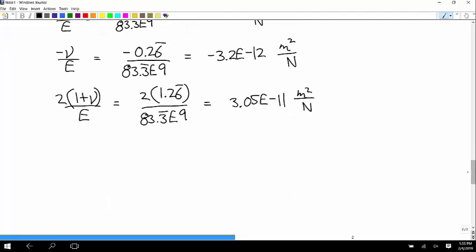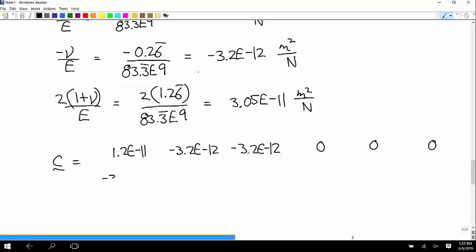Okay, so the compliance matrix finally is 1.2 times 10 to the minus 11, negative 3.2 times 10 to the minus 12, negative 3.2 times 10 to the minus 12, and 3 zeros. And now the next row: negative 3.2 times 10 to the minus 12, 1.2 times 10 to the minus 11, negative 3.2 times 10 to the minus 12, and 3 zeros.